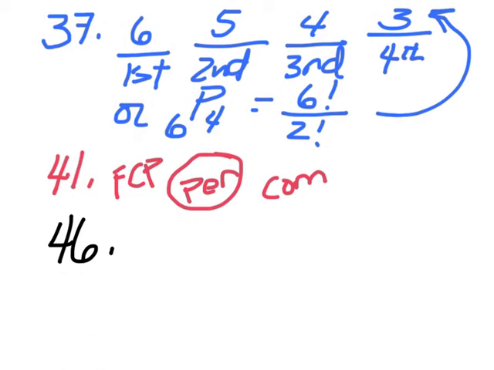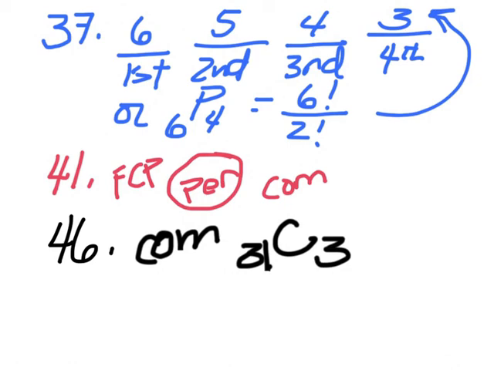How many bowls are possible? Each flavor is different, but does it matter if you have chocolate, strawberry, vanilla, or vanilla, strawberry, chocolate? The answer is no. So this one is also a combination, and it's going to be combination of 31 choose 3 flavors, which you can then calculate.